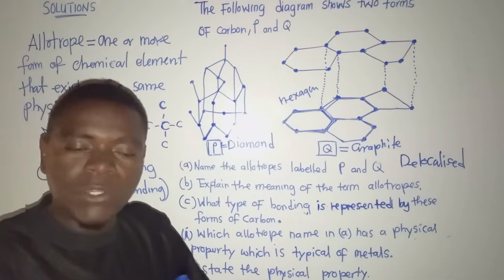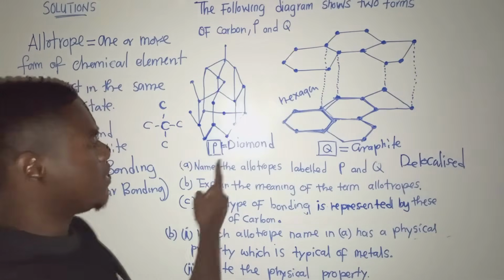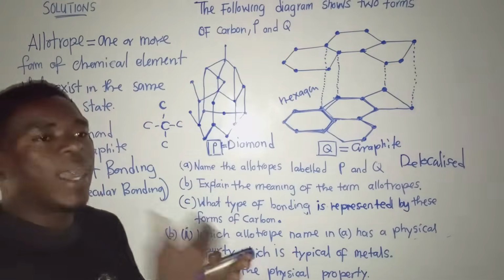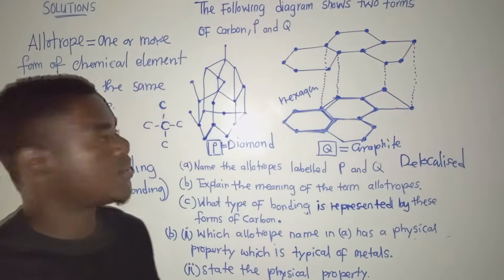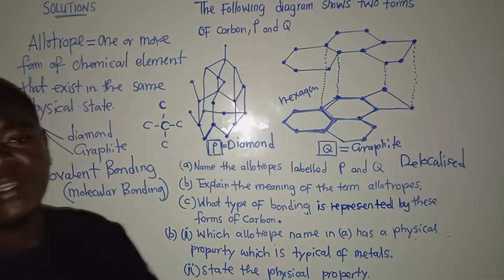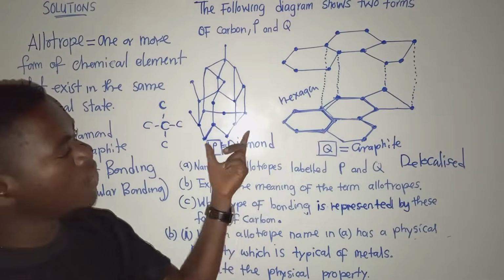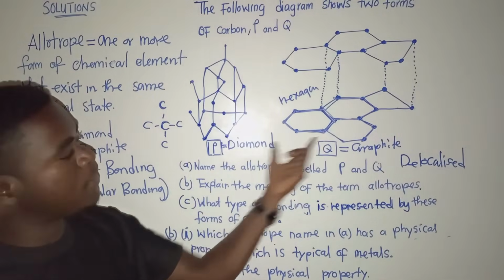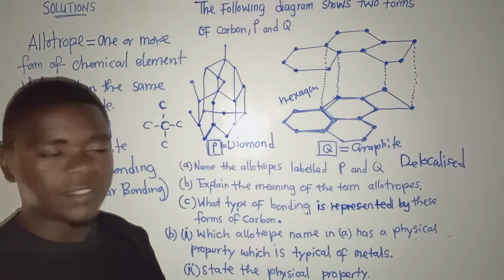When I say delocalized, it means free to move, able to move. But diamond is the hardest material that we have on earth. So if you didn't know, you know today how to answer these particular questions. You need to know the shape of each.